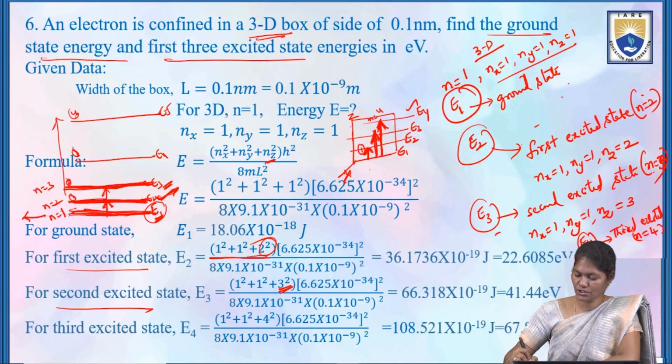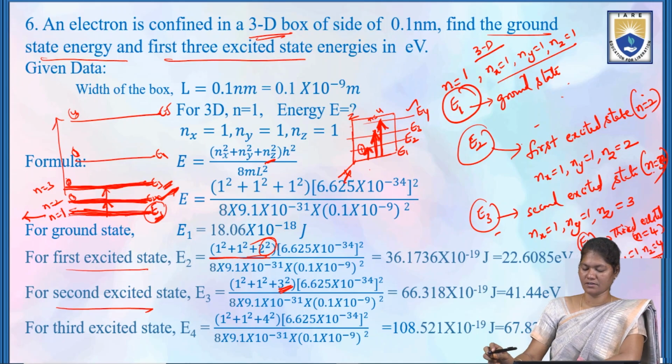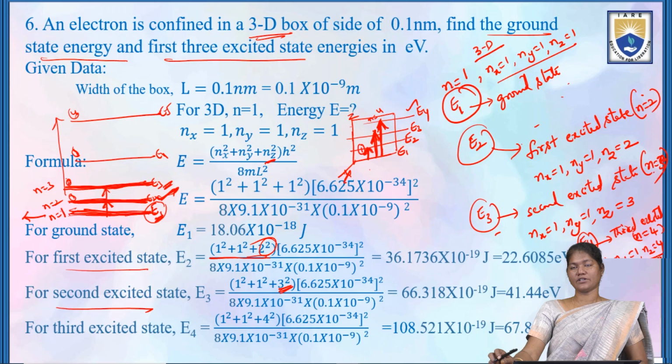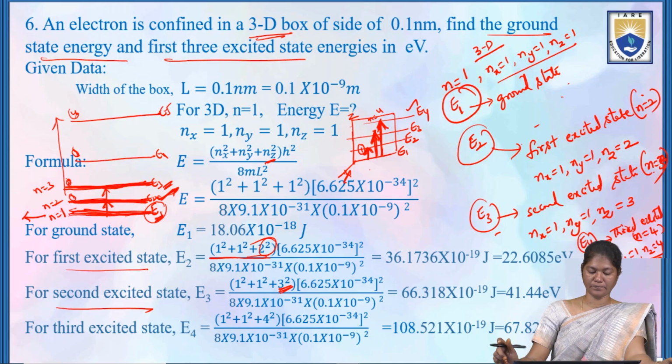So nx is equal to 1, ny is equal to 1, and nz is equal to 4. So that's why only nz changes according to the excited state, not nx and ny.